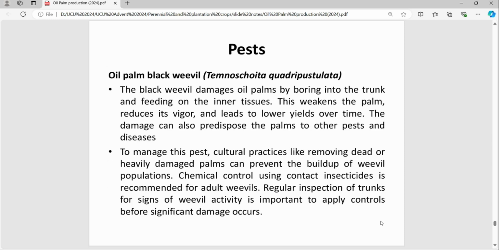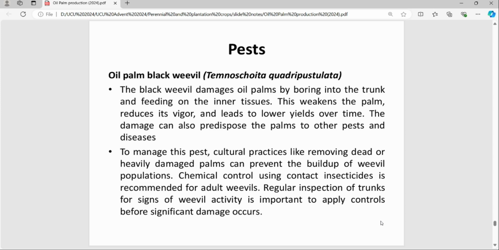Then we also have the oil palm black weevil, which damages oil palms by boring in the plant trunk as well, and feeding on the inner tissue. And this weakens the plant and affects the vigor of the plant.